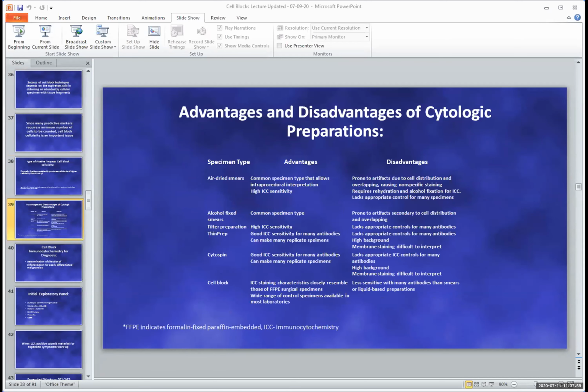Just a short rundown on the advantages and disadvantages of cytologic preparations. Air-dried smears are quite a common specimen, especially if you use ROSE. It allows interprocedural interpretation. It has pretty good sensitivity for immunocytochemistry. It does have some disadvantages.